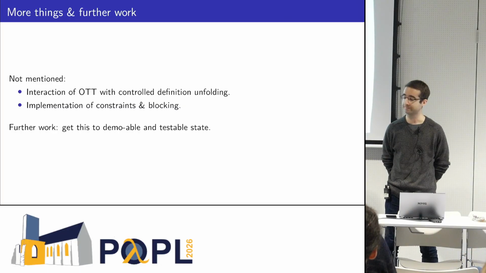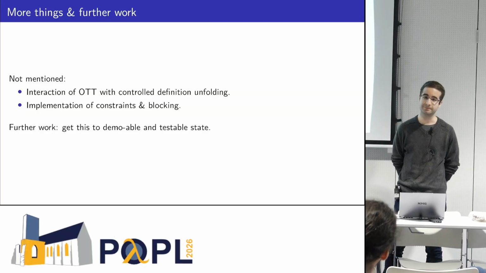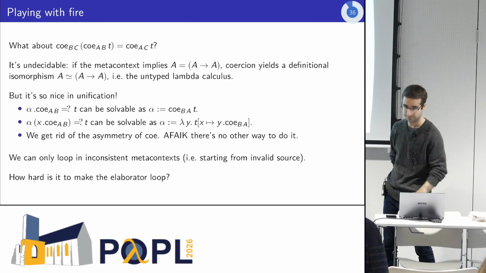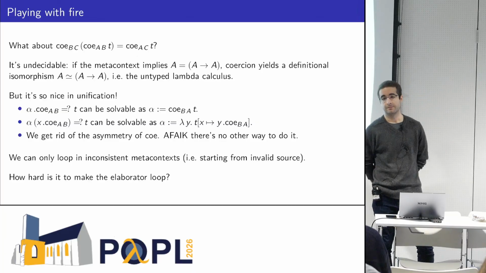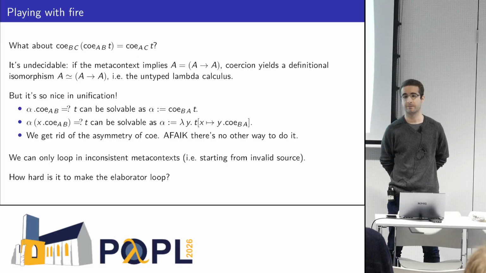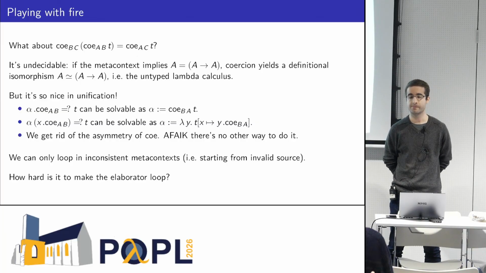So regarding this problem of the collapsing of transitive coercions, I guess regarding the next to last line, the fact that it only works in a consistent meta context, I have two questions.